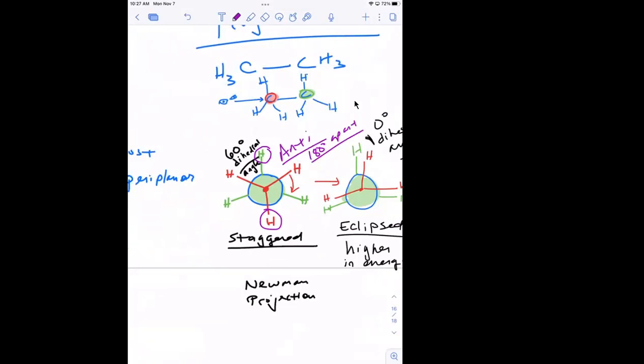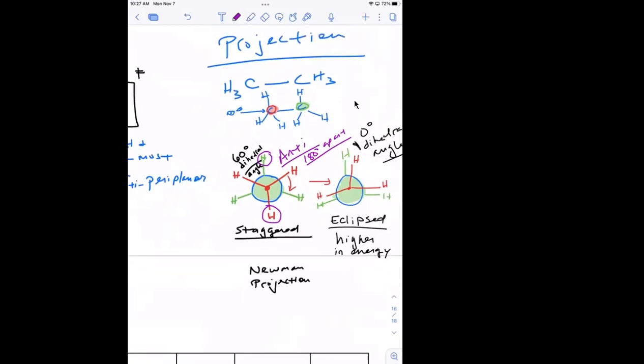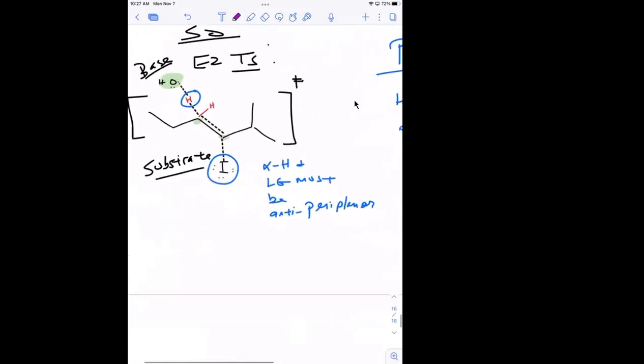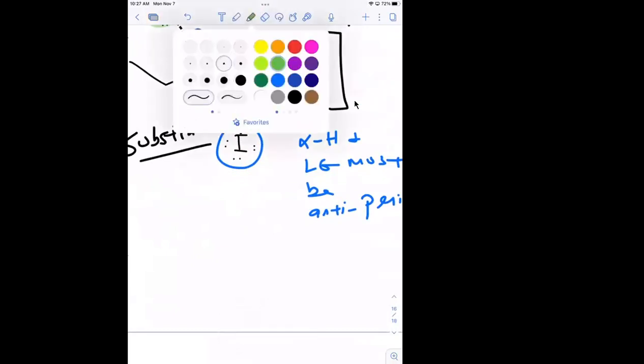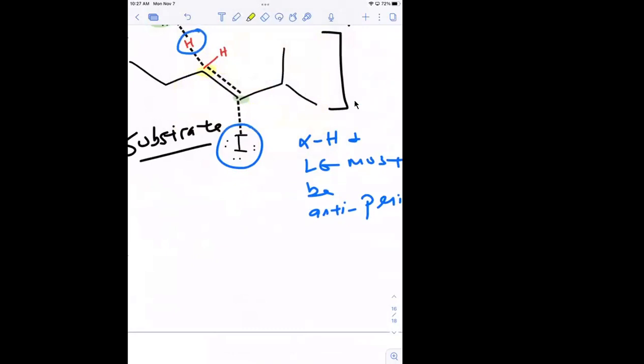All right, so if we go back over here and just look at these two carbons where the elimination is taking place, right? So we can draw, let's make them. So I'm going to make that one the back carbon. So we can draw that.